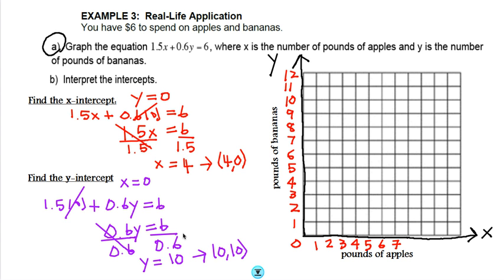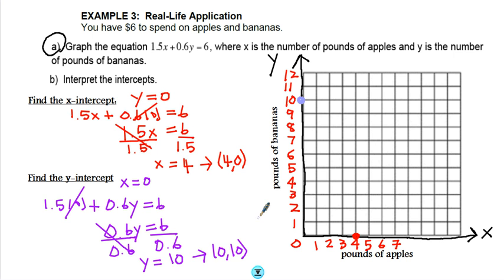There we go. And then we're going to label the x-intercept. So x-intercept is 4, 0. That's on the x-axis, so right there. And then the y-intercept, that is 0, 10, which is on the y-axis, so you drop the point here.